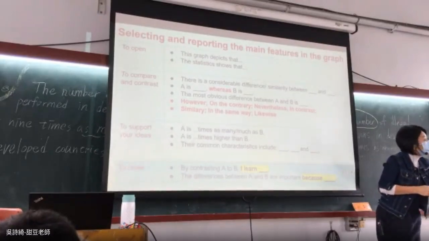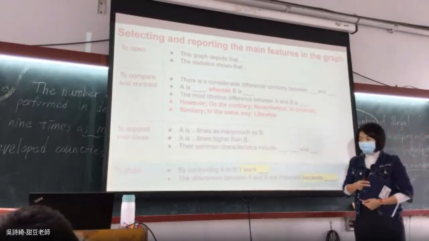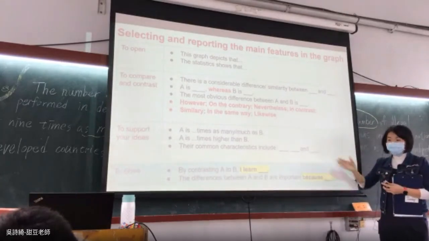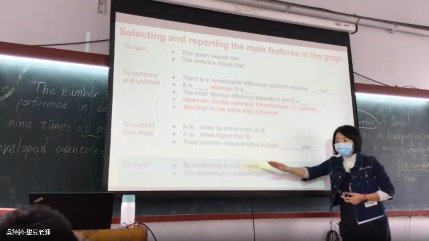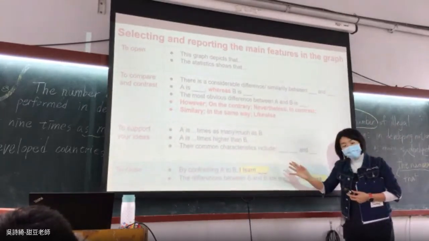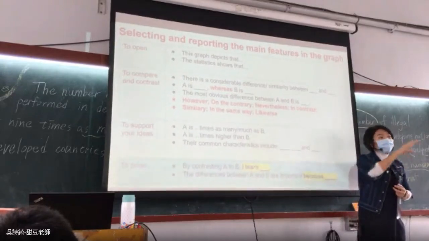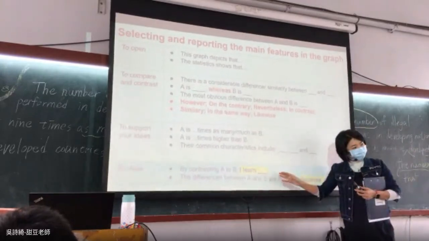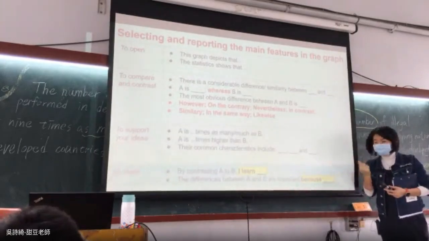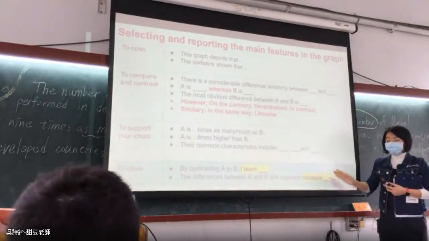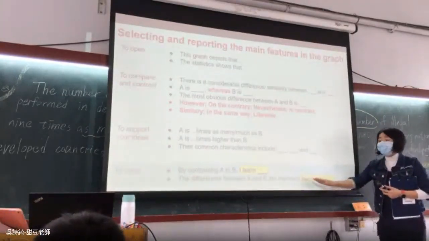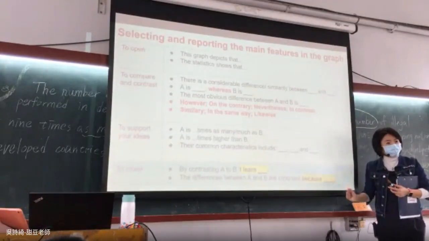What did you learn from seeing the numbers? So, for example, you can say, by contrasting A to B, or by comparing A and B, I learned something. The second one can be, the differences between A and B are important because something.